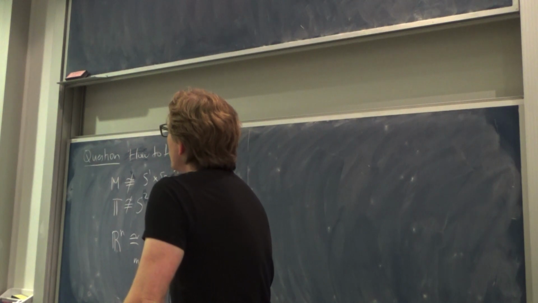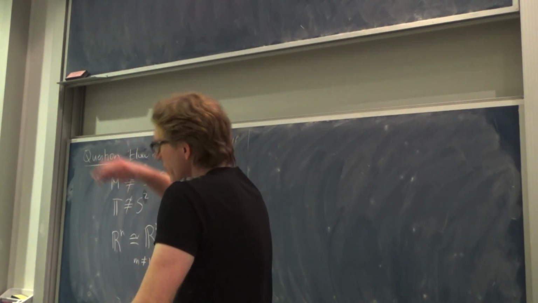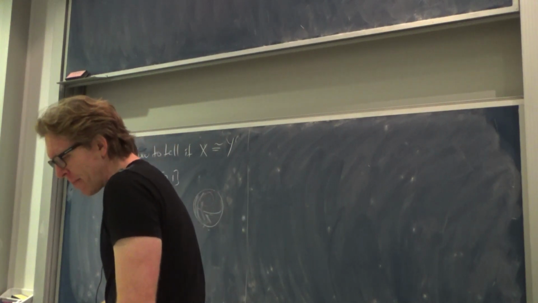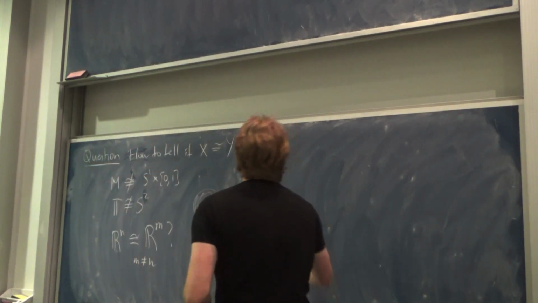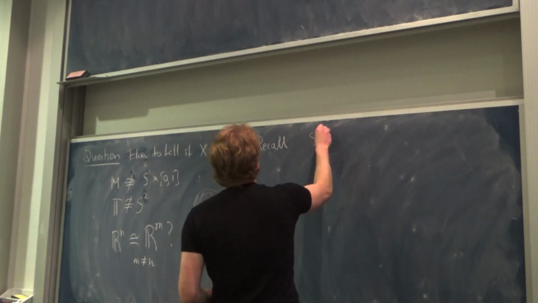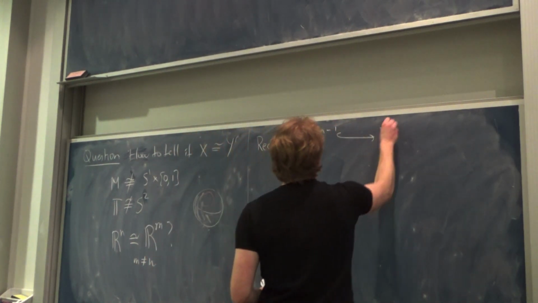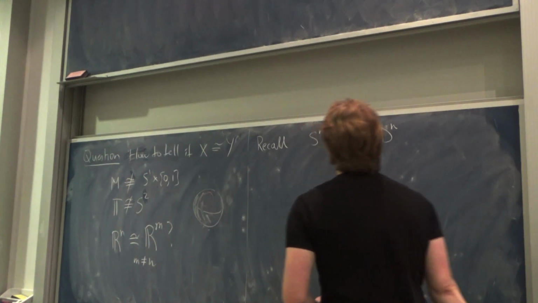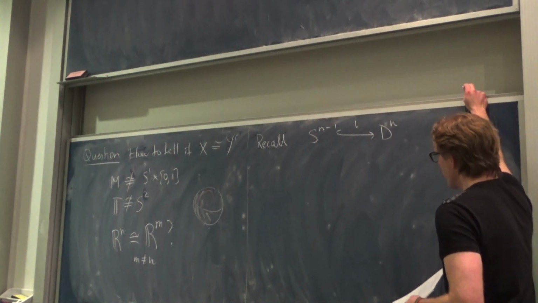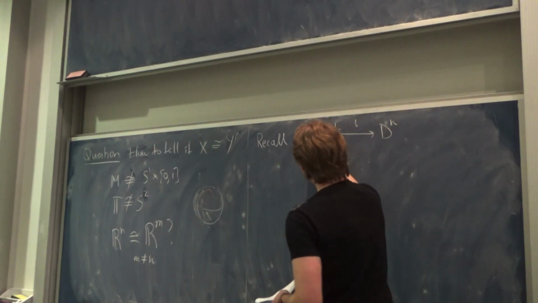All right, so all the constructions we've done so far, with the exception of this one, fall into a broader pattern. So recall this inclusion of the n-1 sphere as the boundary of the n disk.